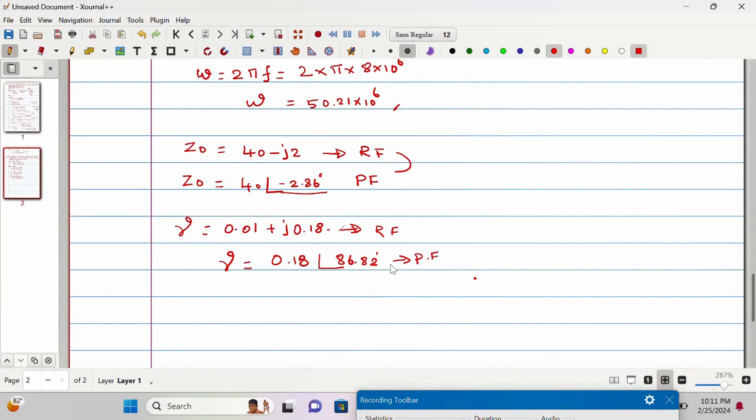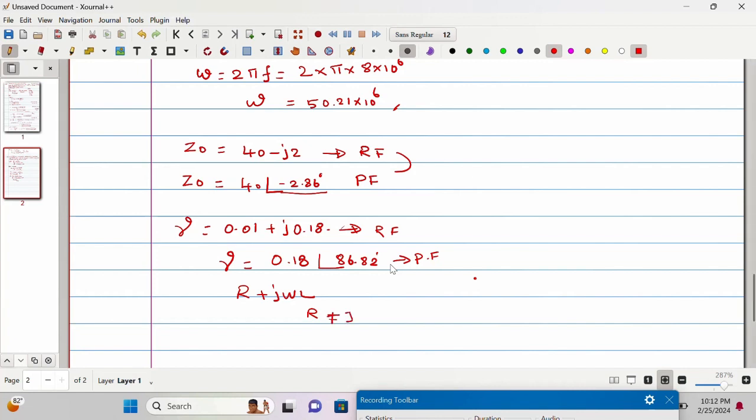Already we know the structure belongs to R plus j omega L, and from this the R value is to be identified. So what is the value for R?